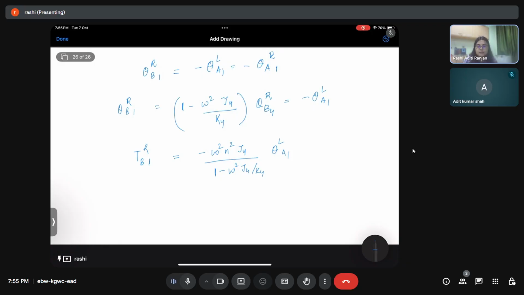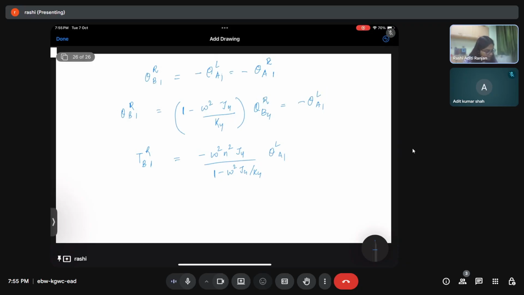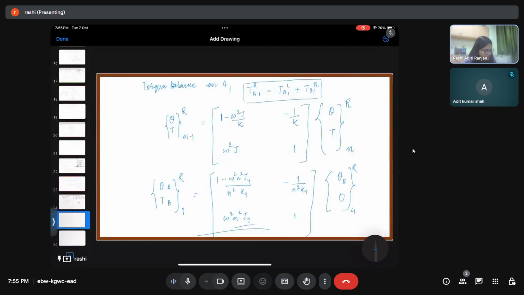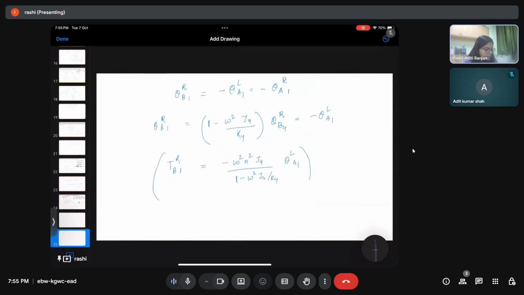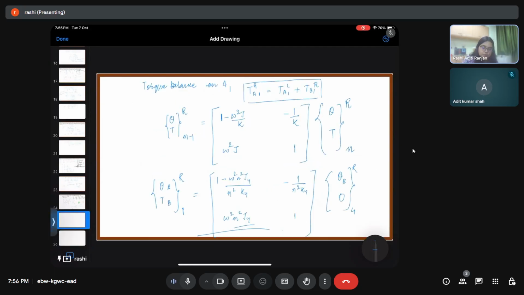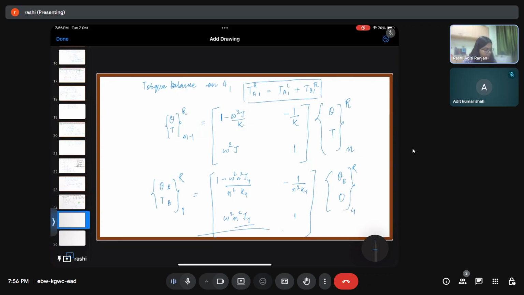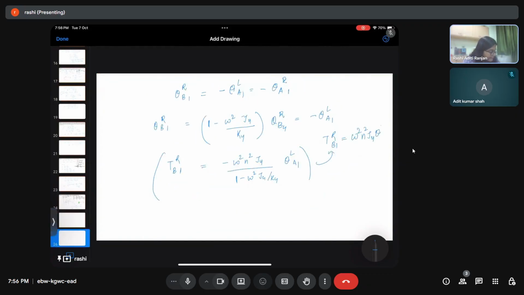So how is this? Basically, T B R 1 is what it is going to be. Wait, maybe I should write it out. So this is what comes after. Before this, there is this equation which says that T R B 1, from over here, is omega square n square j4 into theta B R4.